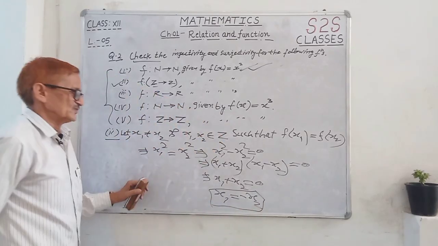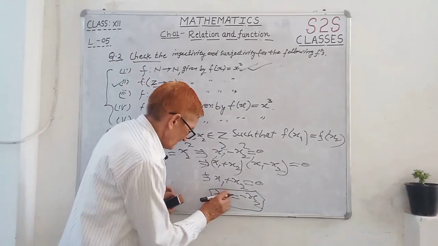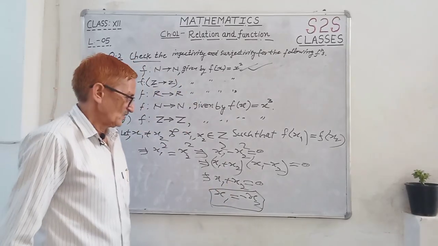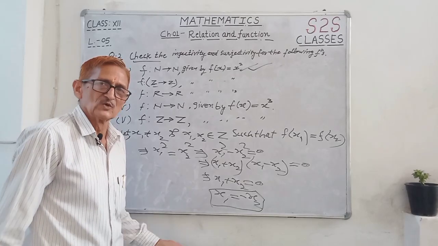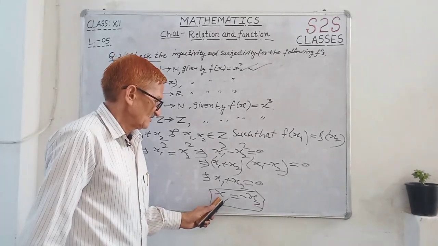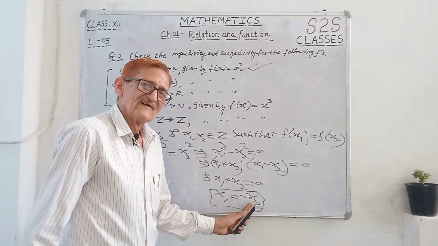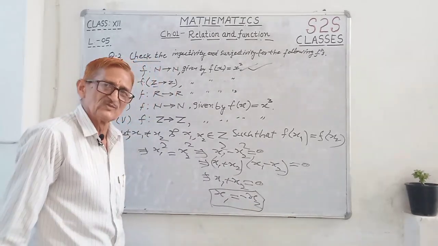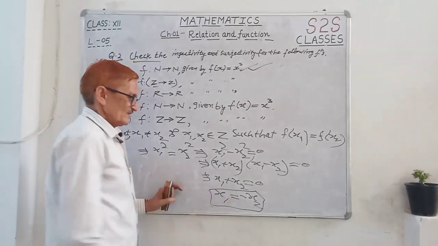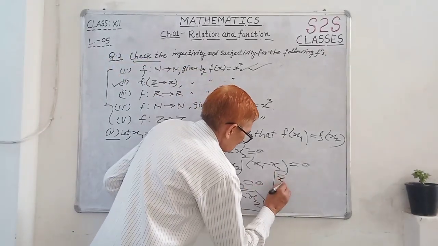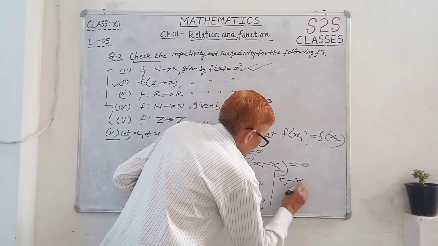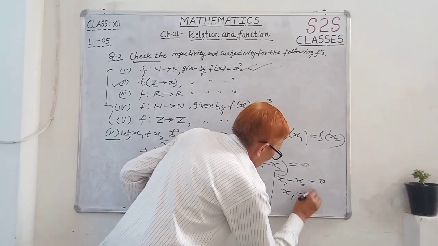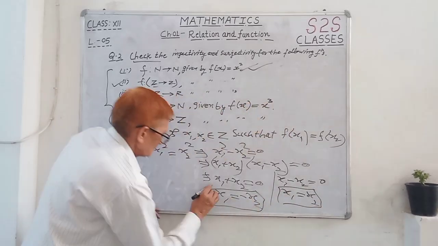For integers, it is possible. For different integers, it is possible that one integer is equal to the negative of the other. Yes, for example, take one integer 2, then the other is the negative integer, negative 2, so minus minus plus, so 2 equal to 2. It is possible. So it is applicable, but x1 minus x2 is equal to 0, so x1 is equal to x2 is also applicable.